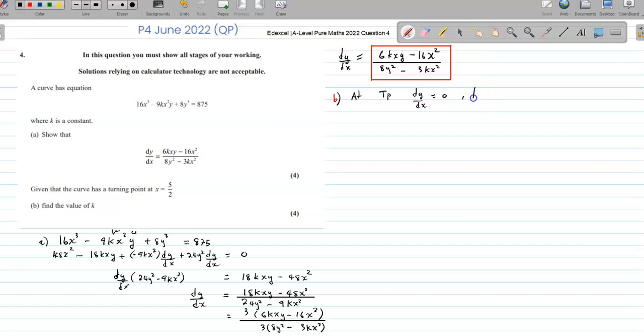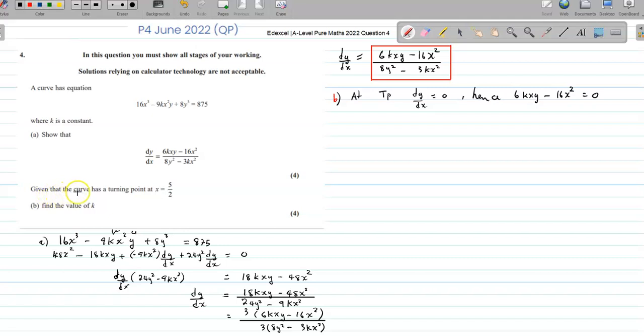Hence, we would have 6kxy minus 16x squared. All of that would equal 0, because if we multiply both sides by the denominator, we will get 0 anyway. So this is equal to 0.